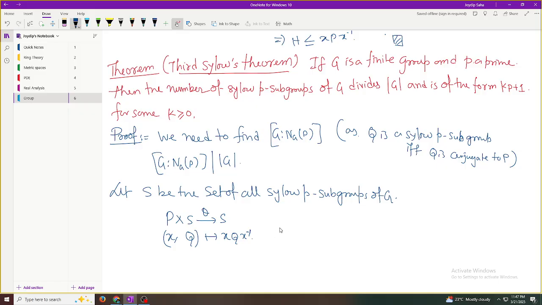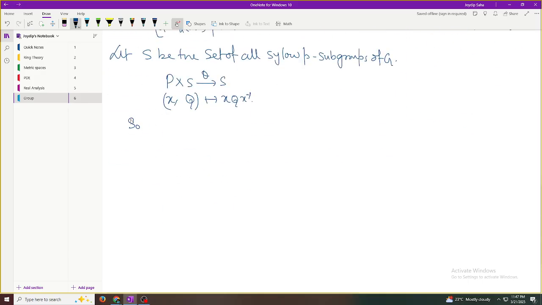Check that it is an action. So what is S0? Q belongs to S such that X Q X inverse is Q for all X belongs to P. X Q X inverse is equal to Q.